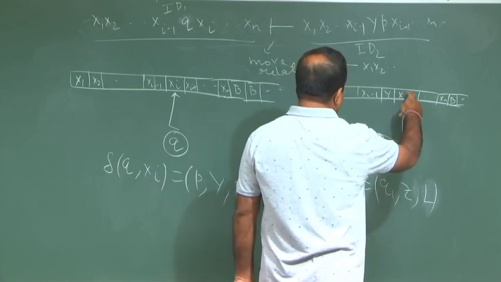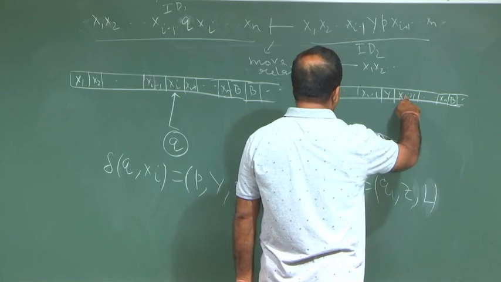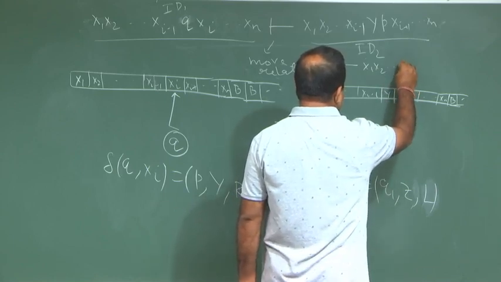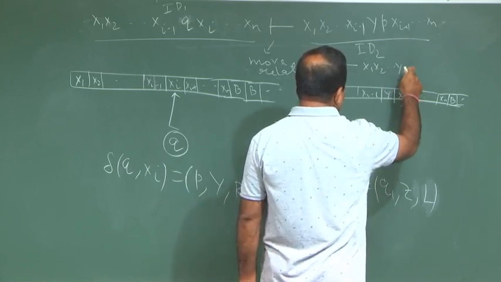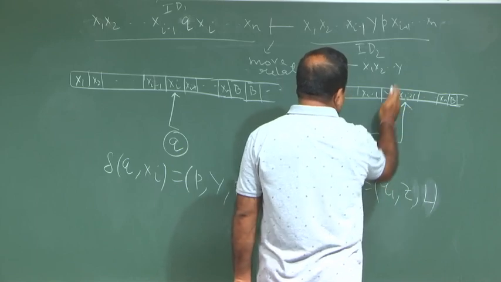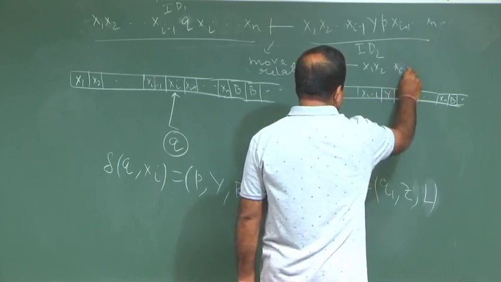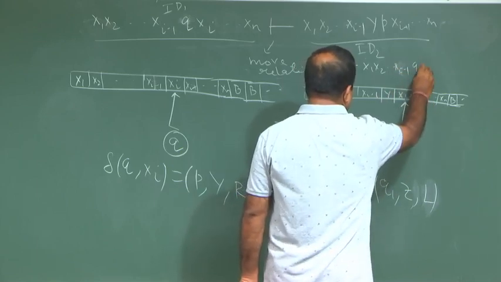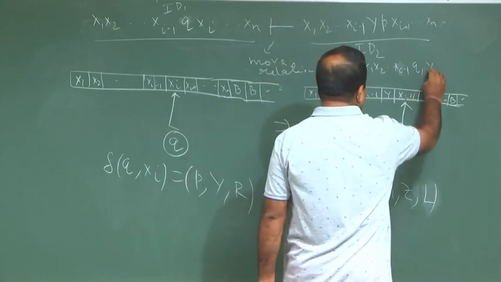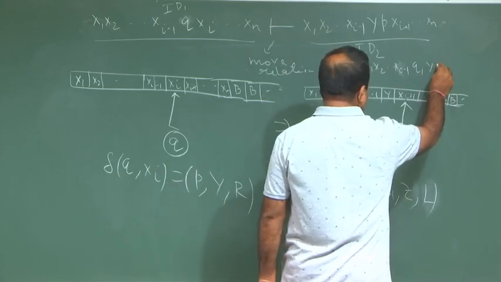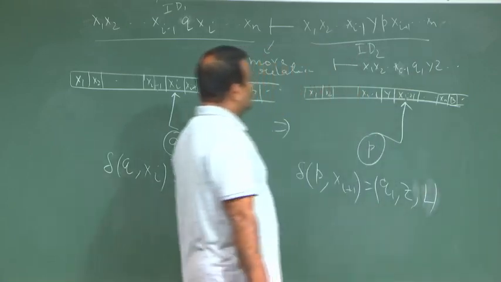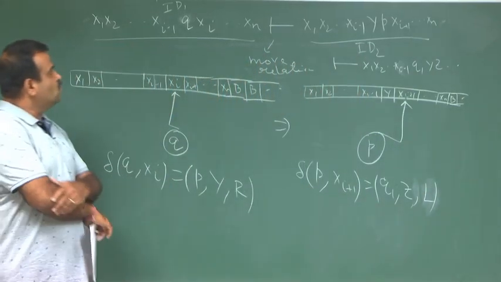So, it will point here and this will be replaced by z. So, x 1, x 2, then y will be there and it will point to here. So, x I minus 1, then q 1 and then y, and this is replaced by z and then this. So, this is the move relation.